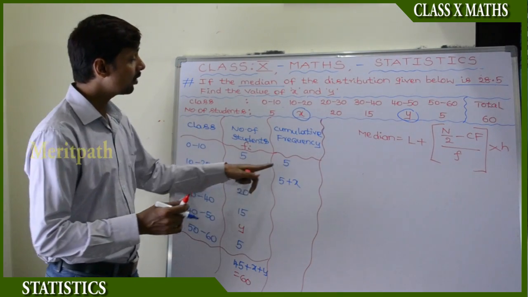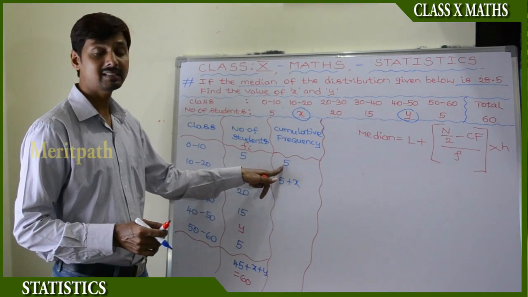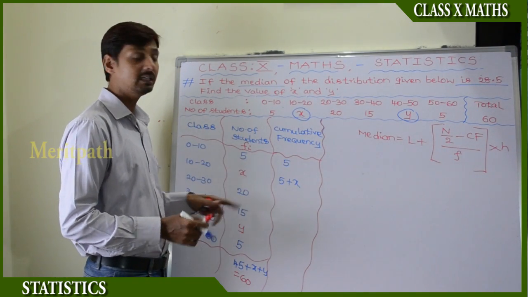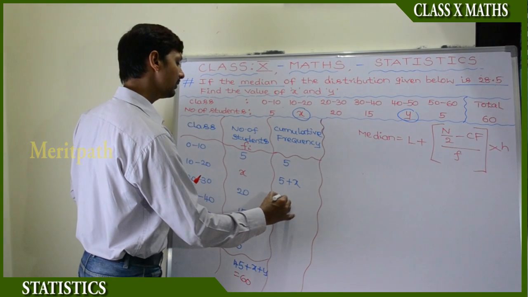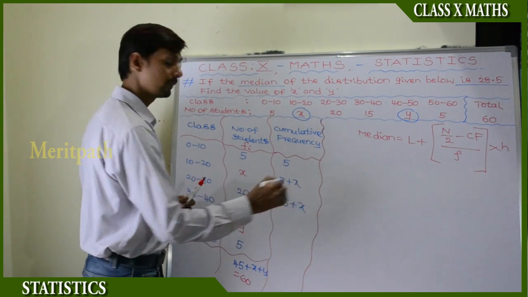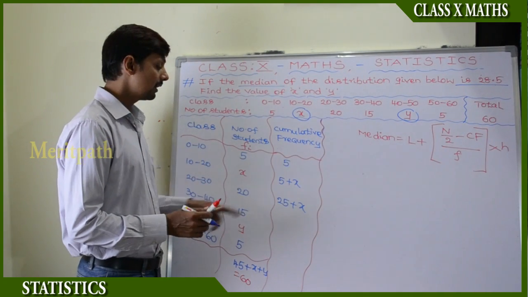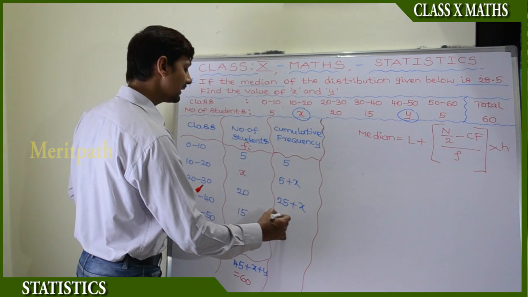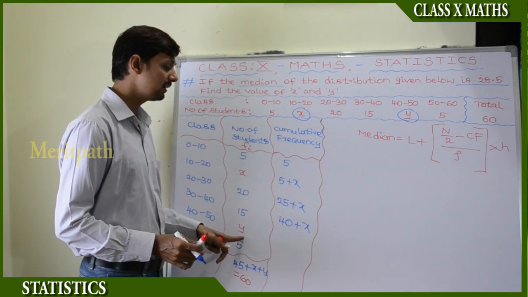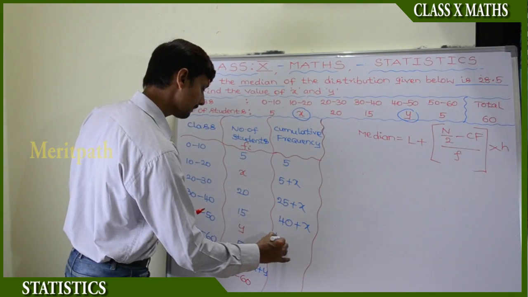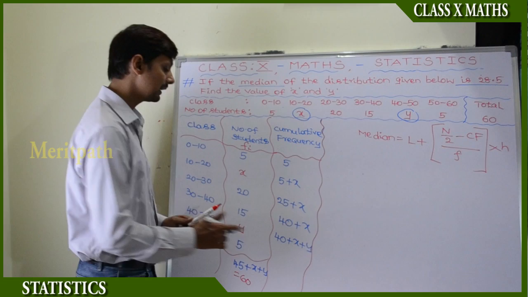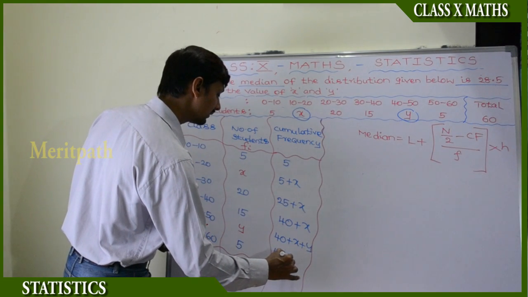Then 5 plus x plus 20 is 25 plus x, and this is added to the next frequency, 15, giving 40 plus x. Then adding y gives 40 plus x plus y, and adding the last frequency gives 45 plus x plus y.